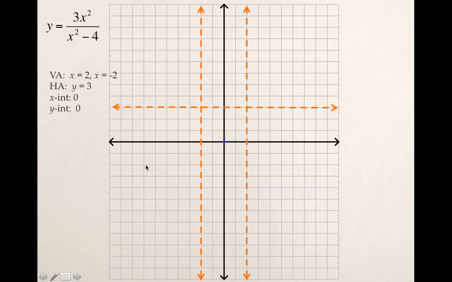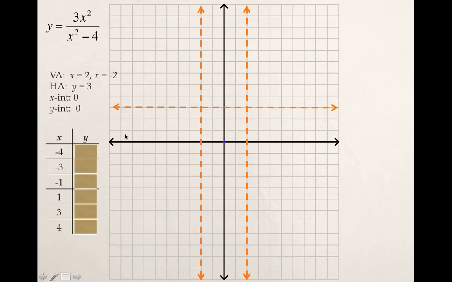All right, so let's see what happens with this graph. I've chosen a few points here that will give me a couple of x's over in this section, a couple of x's here in the middle, and a couple of x's over in this section, so I can see where my y's will end up. And again, because we're dealing with x squareds, putting in a negative value or its opposite positive value is actually going to get me the same answer.